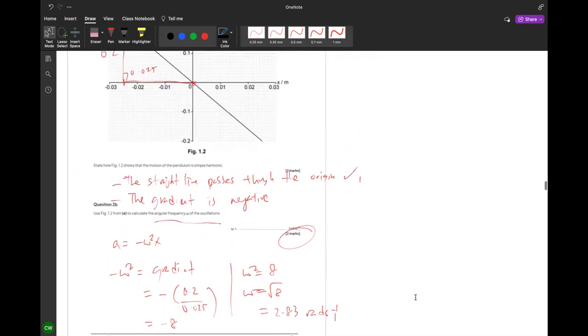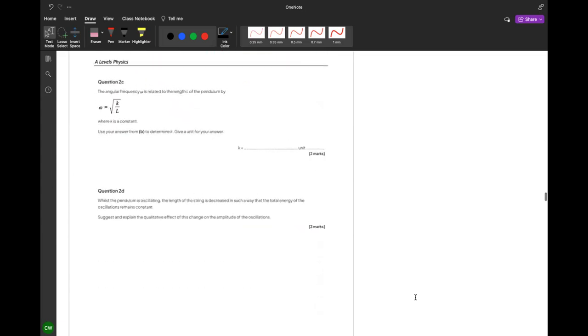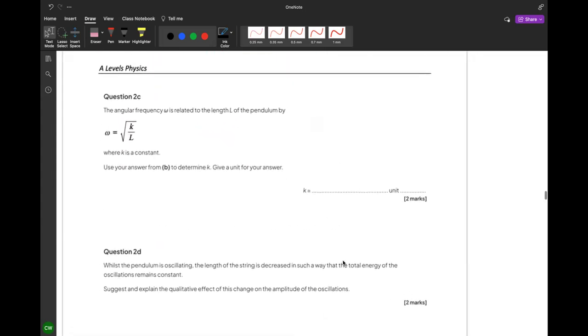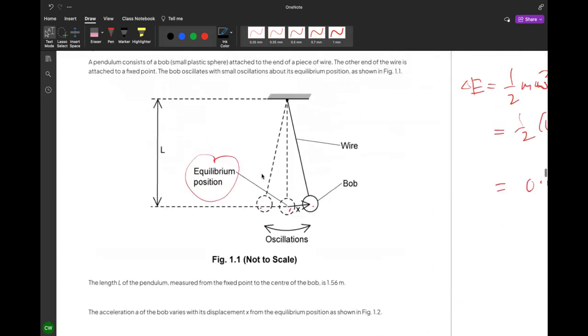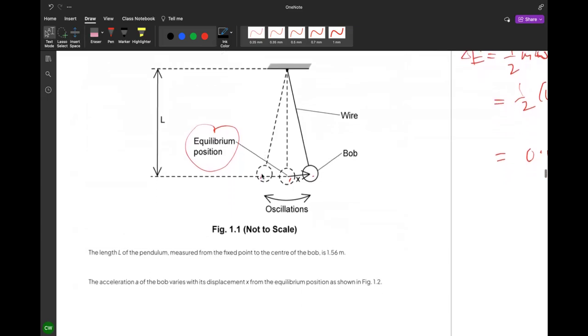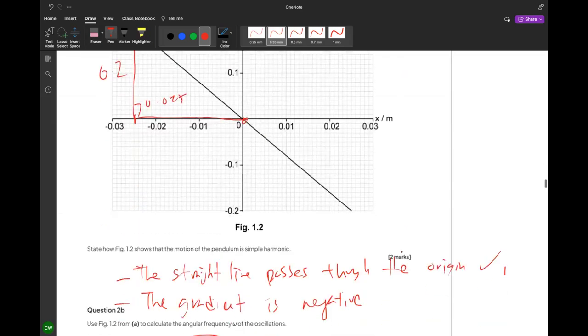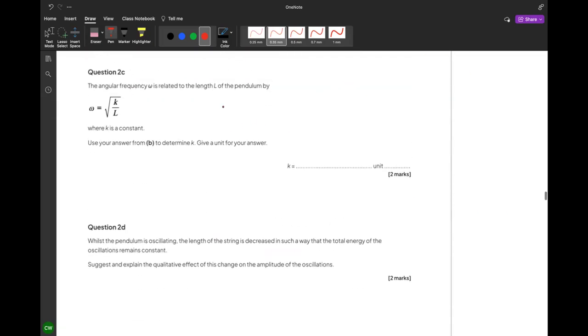Okay, this is how you get the idea. Omega is related to L. Given this, use our answer for omega to give a unit for the K. What is the length of the line? Length is 1.56 meter. Can you find the K and the unit of the K?